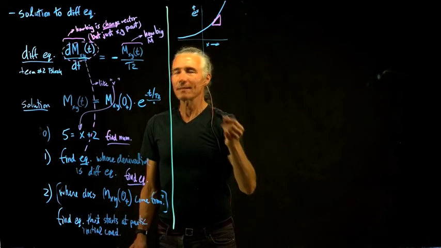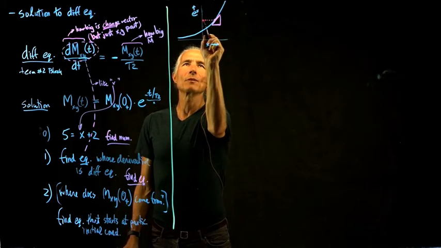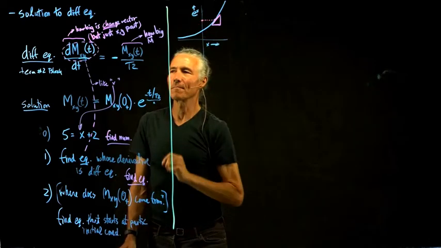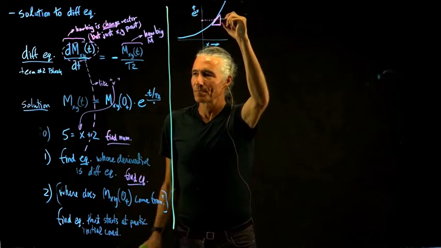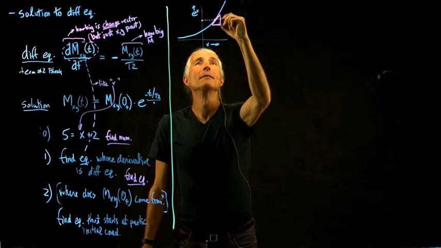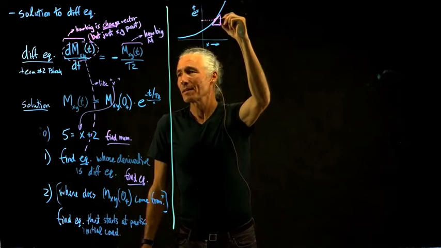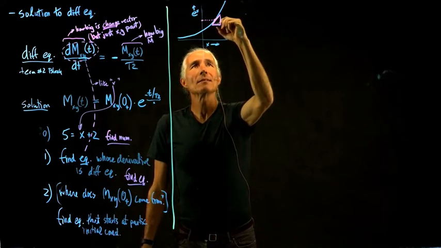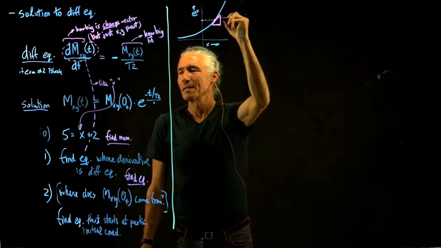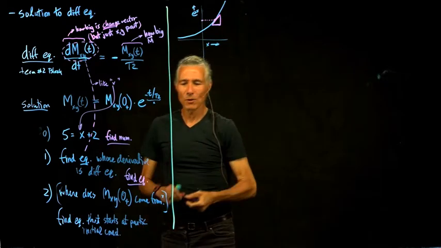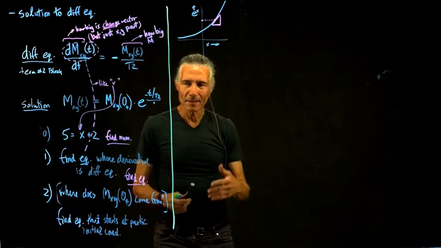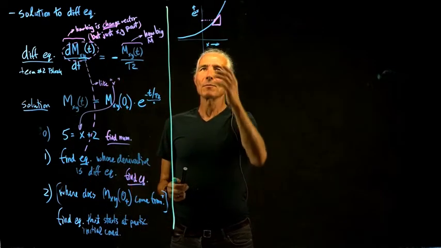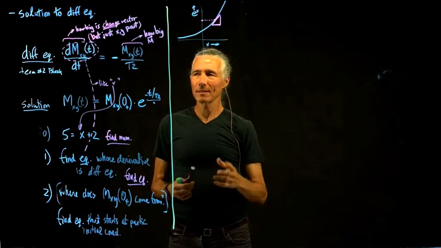The value of that slope happens to be equal to the value of the function. So if the function at this point was like, say, 1.5, something like that, then the slope would be 1.5. And so this is a special function whose derivative, i.e. slope, is always the same as the value of the function.